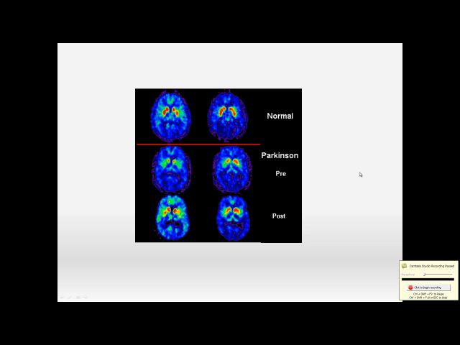The different colors just represent the amount of brain activity going on at any given moment when the individual is stimulated. By comparing the amount of activity in a normal brain to the amount of activity in the brain of a person who has Parkinson's disease, you can see this different coloration indicates different levels of activity. The redder the area, the more activity there is when the person is completing a specific task.